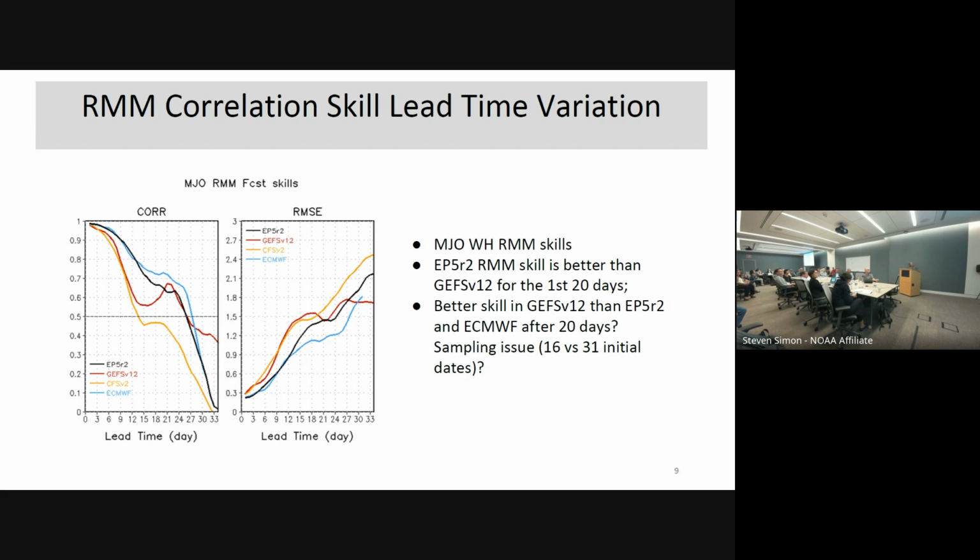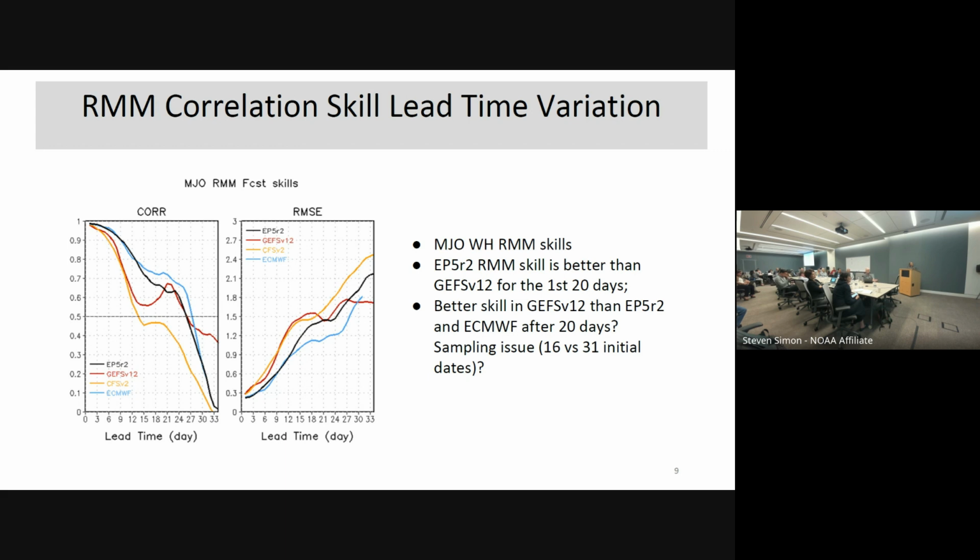So in the first 10 or 15 days, both EP5R2 and ECMWF have similar correlation scales, better than the GEFSv13 and CFSv2. Then after 15 days, the EP5R2 falls behind the ECMWF.